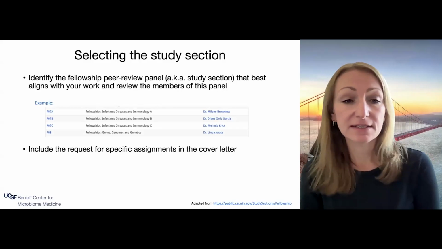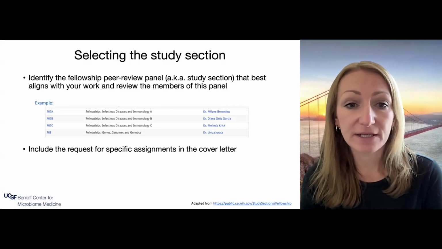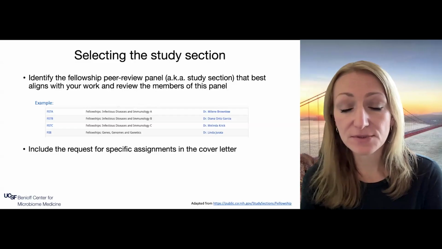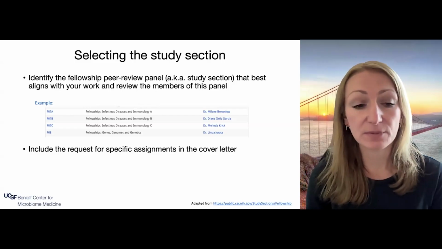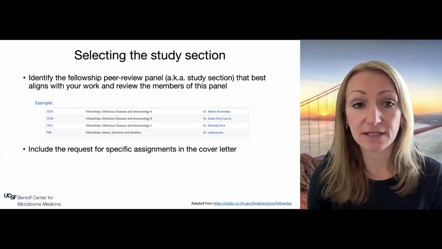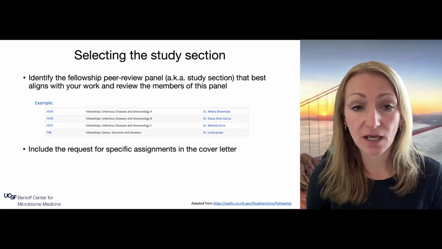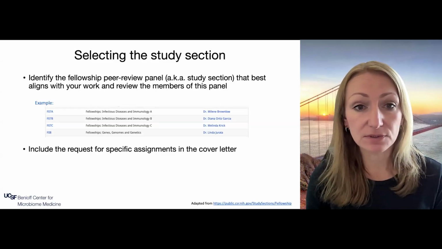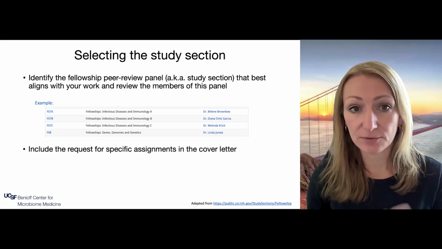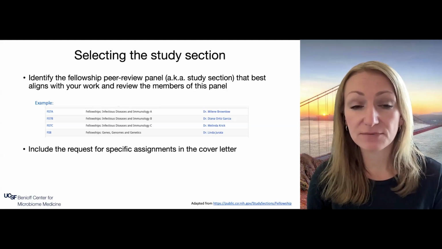I will give you again an example with the same microbial fellow. So this fellow decides to apply for the National Institute of Allergy and Infectious Diseases. Within this institute, there are 3 fellowship study sections or peer review panels that may review the application.